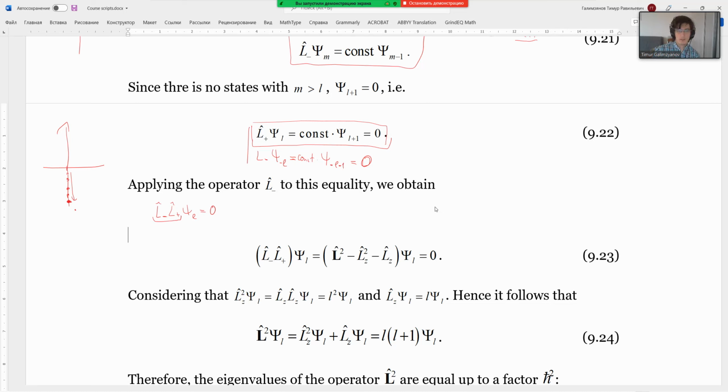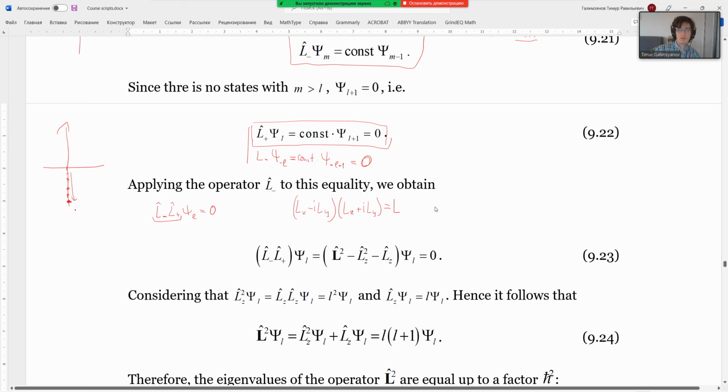Okay, let's calculate. We remember that L minus is Lx minus i Ly, and L plus is Lx plus i Ly.